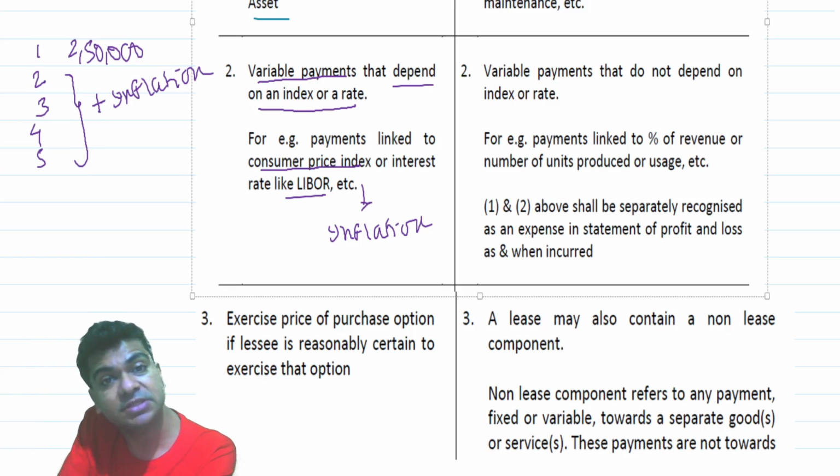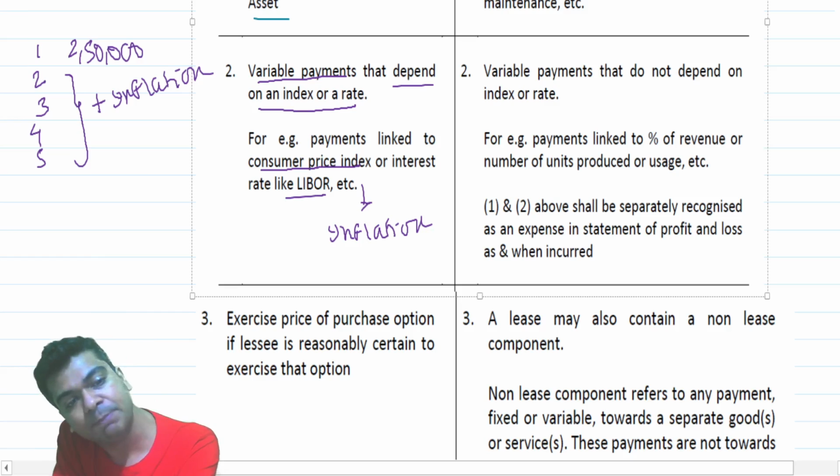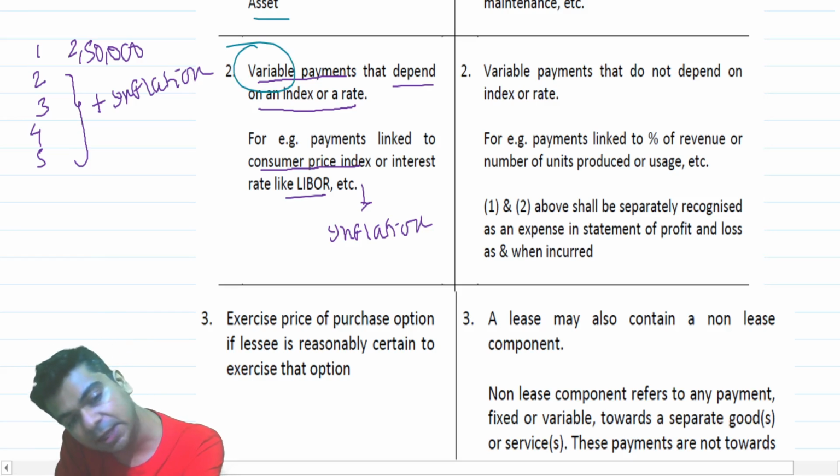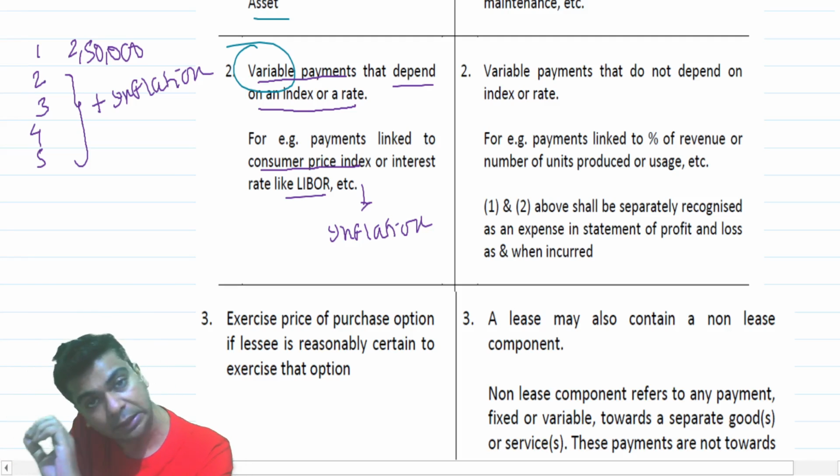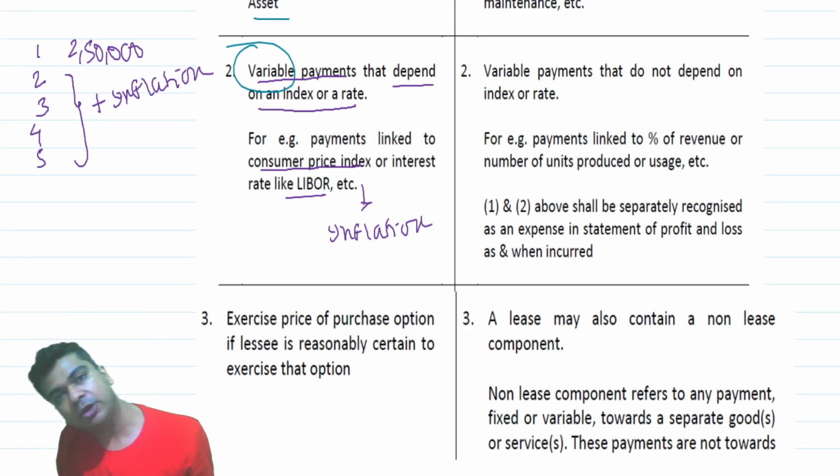Because the lease rents are fluctuating, lease payments are becoming variable. These variable payments will be included in the lease liability. So when you are calculating the lease liability, we require the lease payments, and lease payments will include these variable payments.